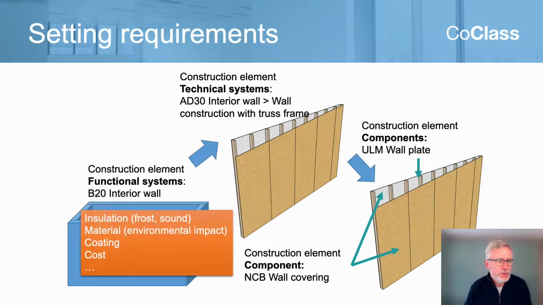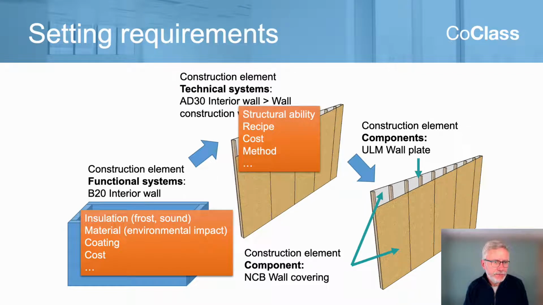So to be more specific then, the interior walls need insulation, the material, the coating, cost of course. The structural engineer needs to put requirements on the structural, the strength of the wall, the recipe, the cost, how to build it. And the components then, what types of materials, the cost, is it in stock, and so on.